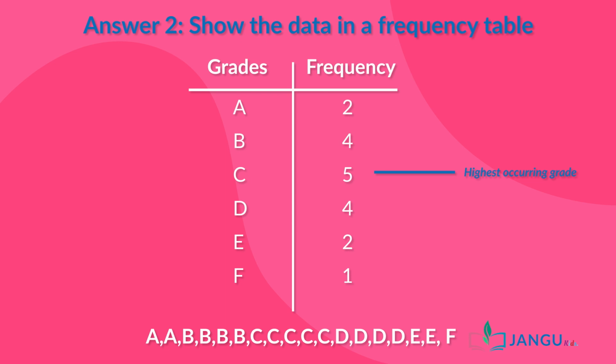We can conclude from the frequency table that the lowest occurring grade is F because it has a frequency of 1, which is lower than any other grade's frequency. And 3. We can deduce the total number of students that wrote the test by adding up all the frequencies, giving us the number 18.